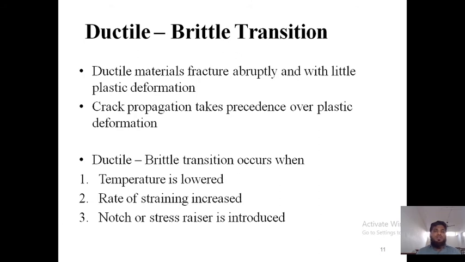Because of that brittle conversion, hitting the ice led to a small crack initiation in the ship. They never thought that it would convert to brittle. They thought that it would be ductile, so first it would undergo plastic deformation. If you see some dent, we can re-edit the dent, we can remove the dent. They thought so.